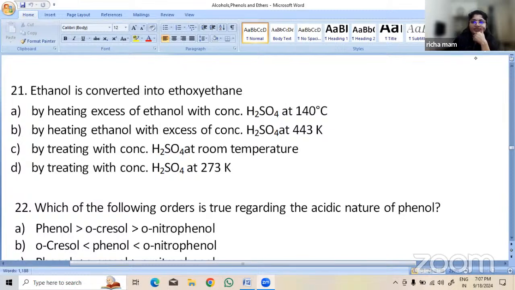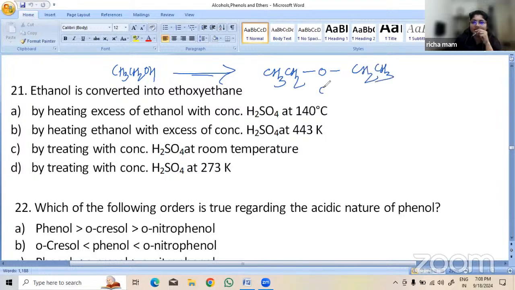So I'll write the reaction. Ethanol is CH3CH2OH. In the presence of what is it converted into ethoxyethane? Ethoxyethane means an ethoxy group on one side, so it is an ether. So how can you convert an alcohol into an ether?